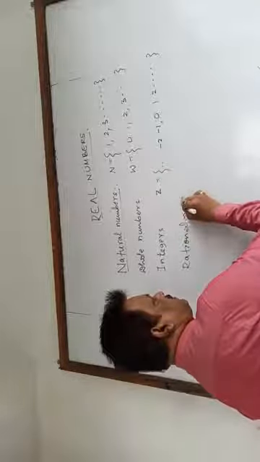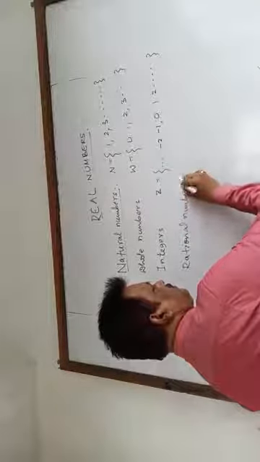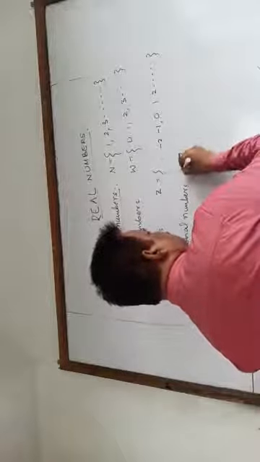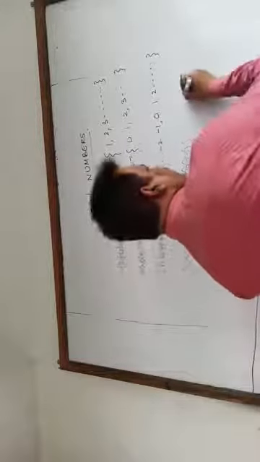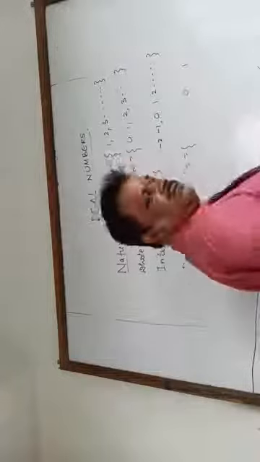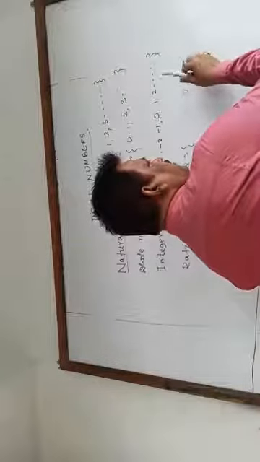rational numbers. So that is Q. What is extra you find? You find 0, you find 1, but the fractions in between you get.